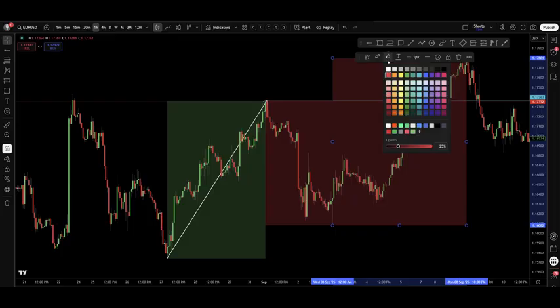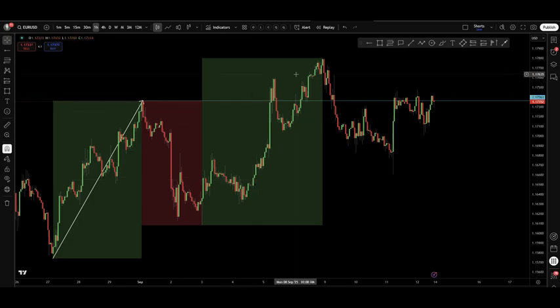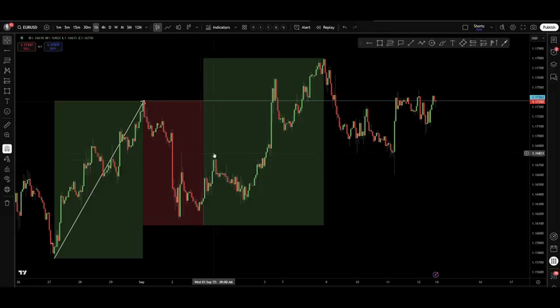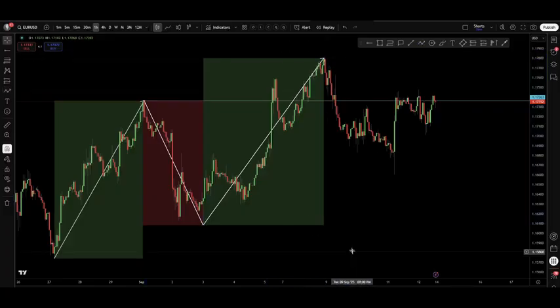There was nothing that was significant about this price action going down. So price made a high, higher low, higher high, higher low, higher high. This whole thing is an uptrend. So price going from this highest high down to this lowest low, all the way up to this highest high, right?